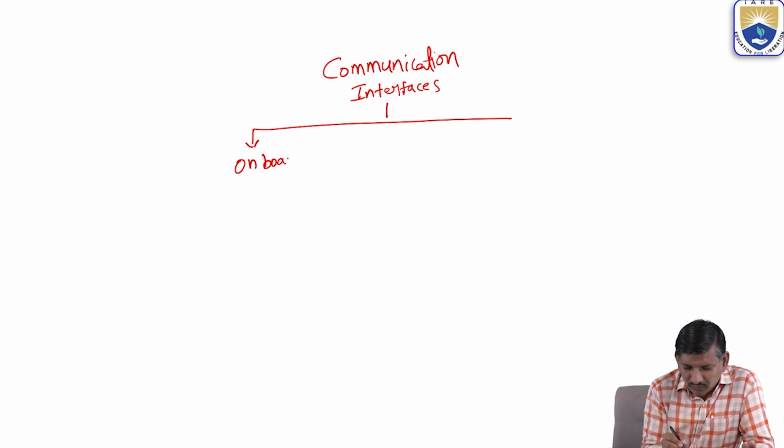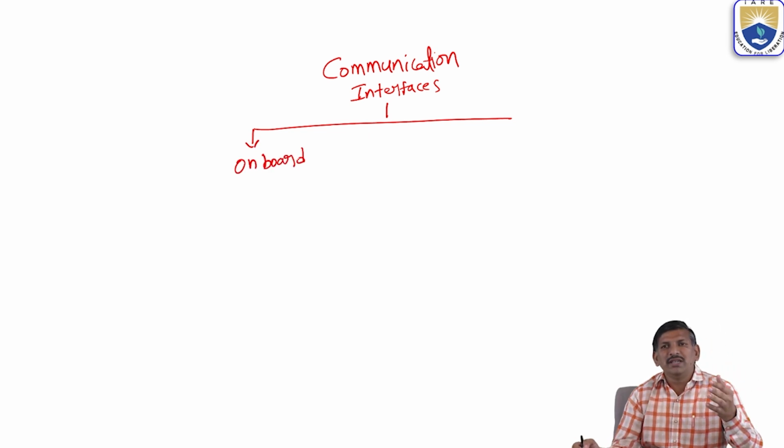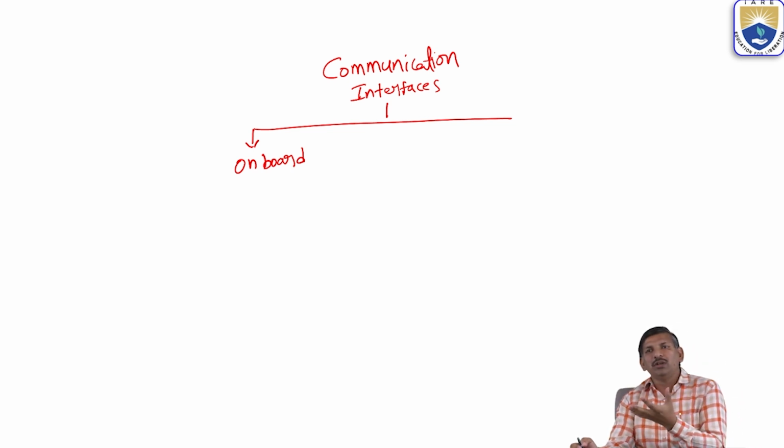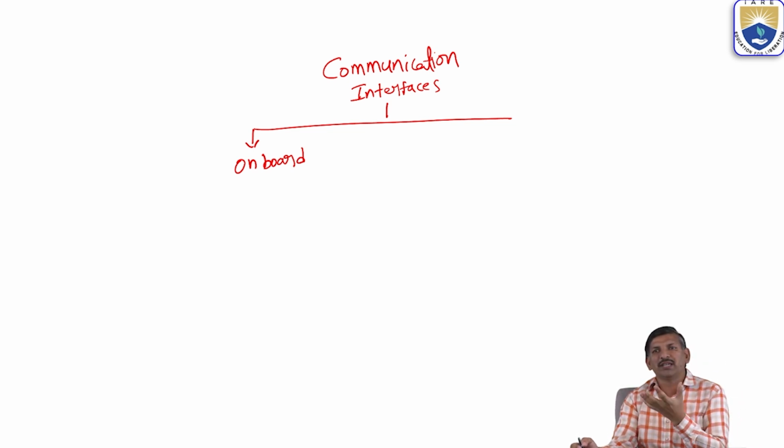On-board means within the printed circuit board. That type of communication peripherals are called onboard communication peripherals.